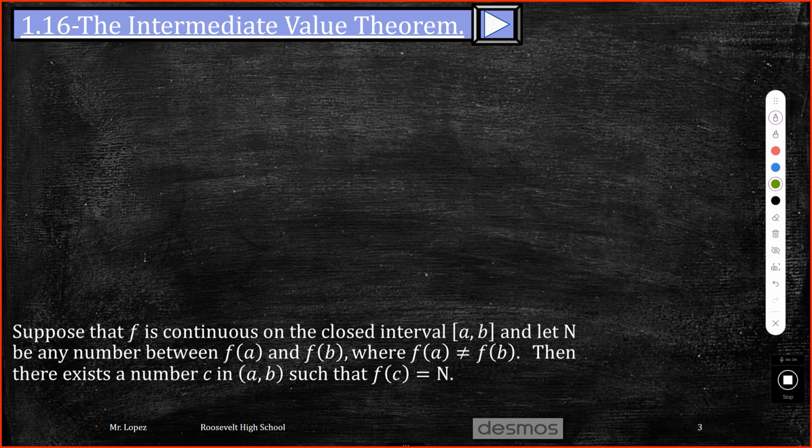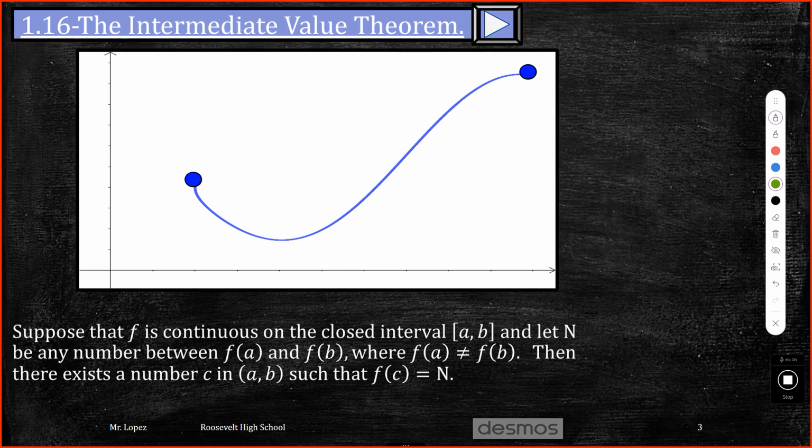Suppose that f is continuous on the closed interval [a, b]. So suppose that f, this blue curve, is on the interval [a, b], where it is defined at a, defined at b, and continuous.